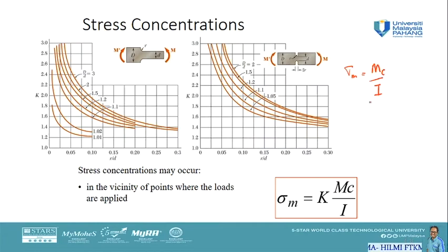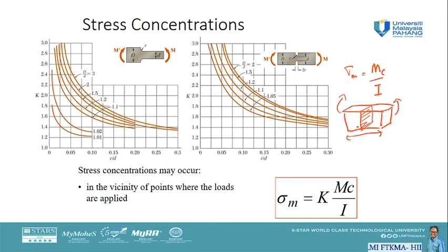For a member with a plane of symmetry and a uniform cross section, it is accurate throughout the entire length of the member. So this is only possible for a member that is smooth and has a constant cross section throughout the length of the beam.